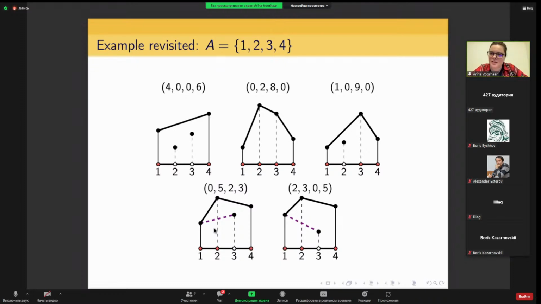So I'm more motivated by the combinatorics and trying to understand that kind of story.